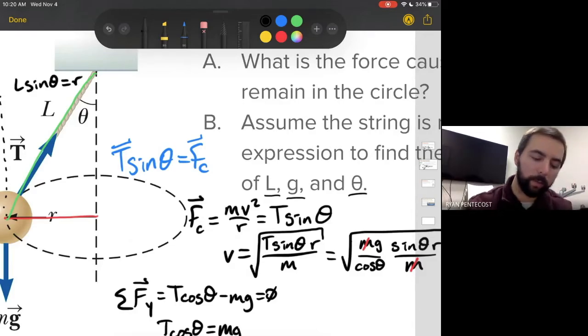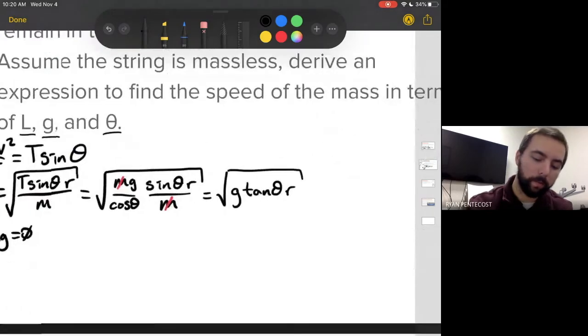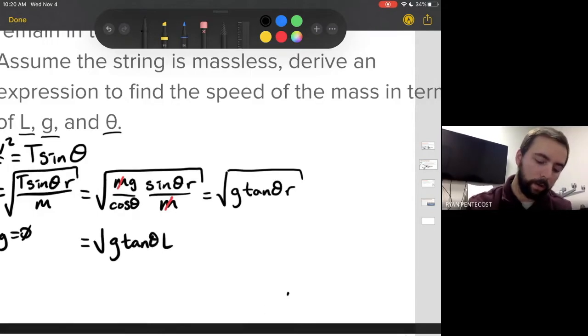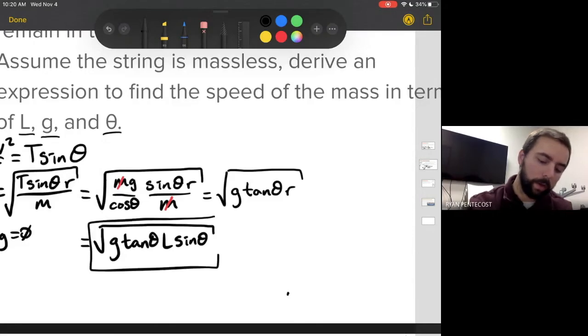So we can actually put in L sine theta for r. Let's do that. So we have the square root of g tangent theta times L sine theta, all under a square root. And that would be our answer. Not the prettiest answer we could get, but it is in terms of g, L, and theta, just like was asked.